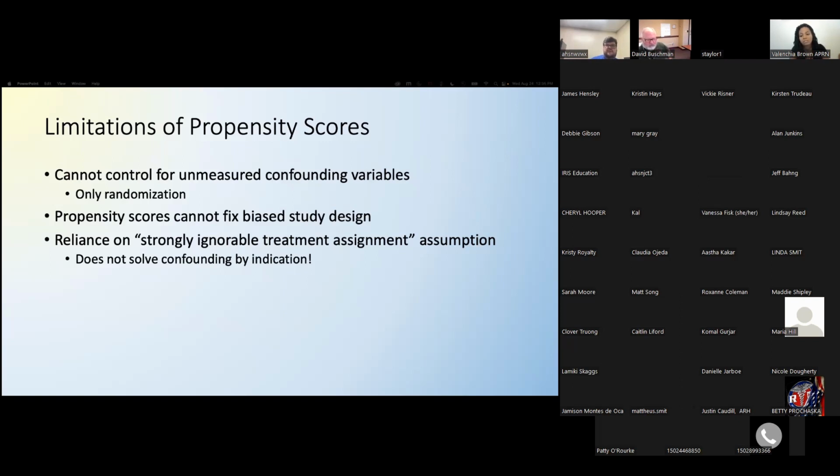And then propensity scores can't fix biased study design. So for example, let's say that you wanted to look at a time to event intervention. If you don't account for the time to when that intervention started, so let's say, for the pharmacy side of things, the time to antibiotics.